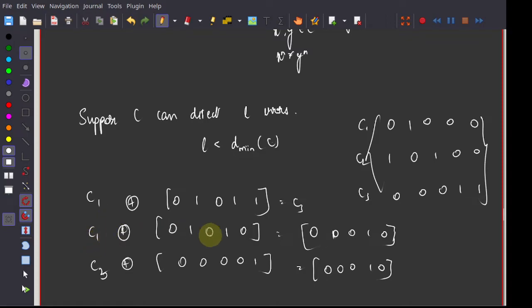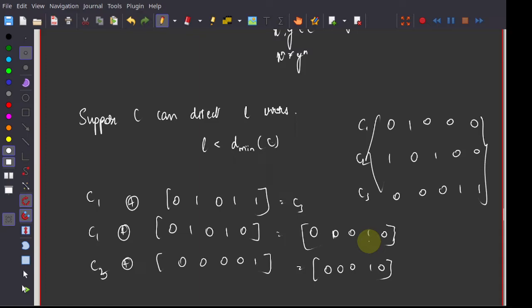So in this particular case, if I add C1 plus 01010, I get this particular received sequence. Correct? Now suppose that I received this sequence. I know that C1 plus this vector is equal to this sequence, but C3 plus this vector also gives the same sequence. Now at the decoder, what would I declare?